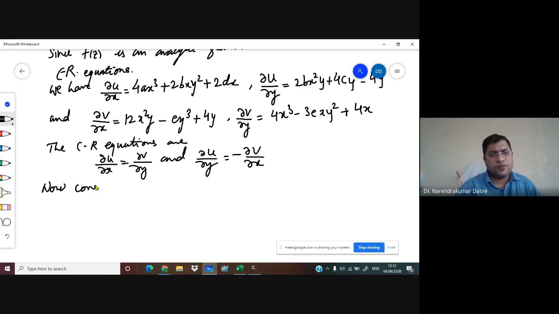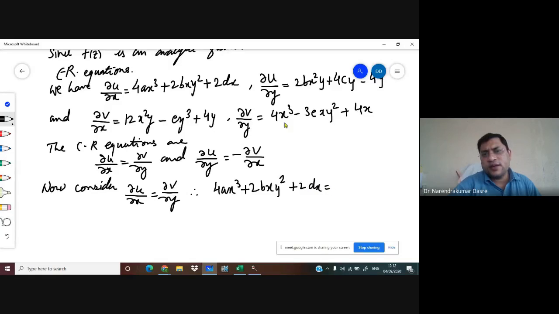Now consider ∂u/∂x is equal to ∂v/∂y, and hence what we'll get here: 4ax^3 + 2bxy^2 + 2dx is equal to this term, 4x^3 - 3exy^2 + 4x.